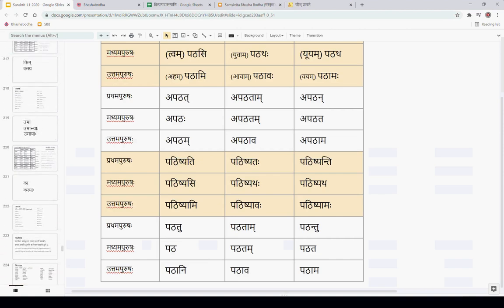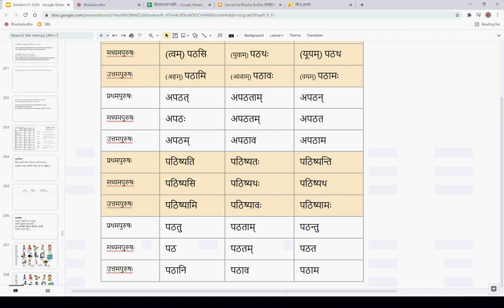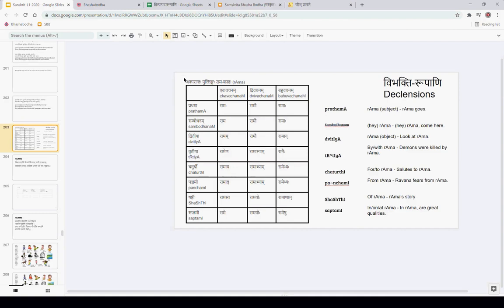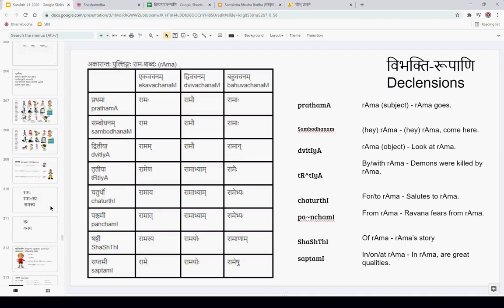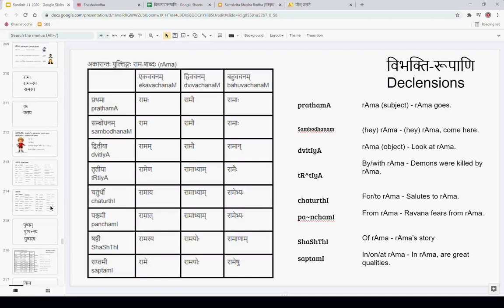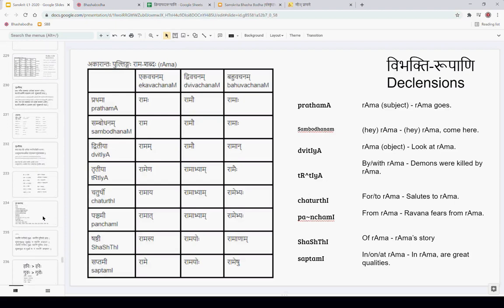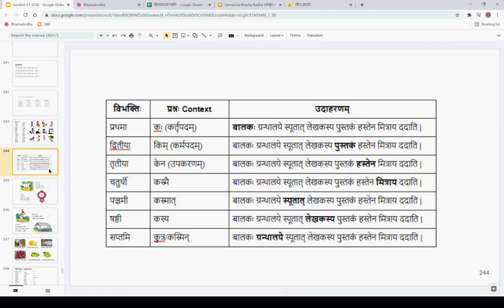For example, we had that example here somewhere. Yeah, this one.